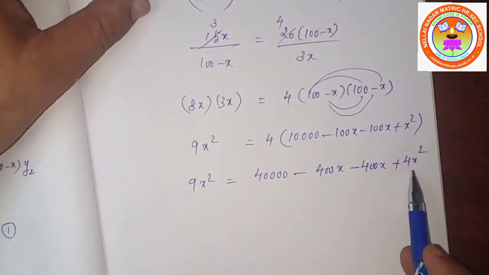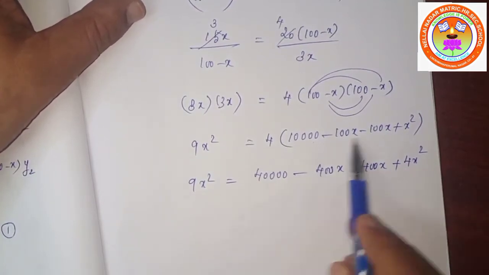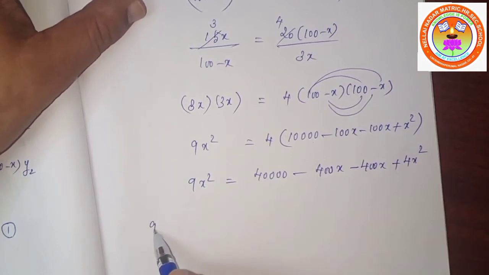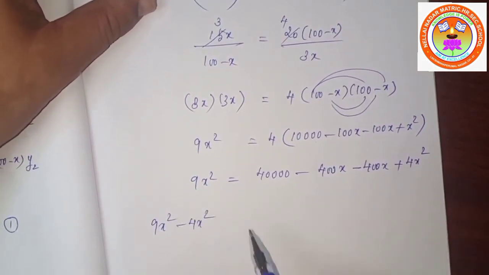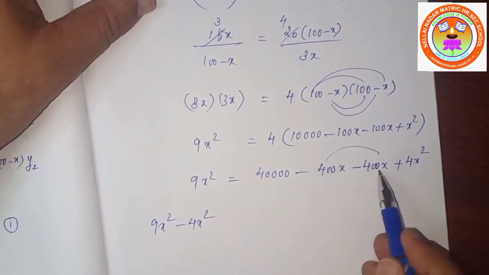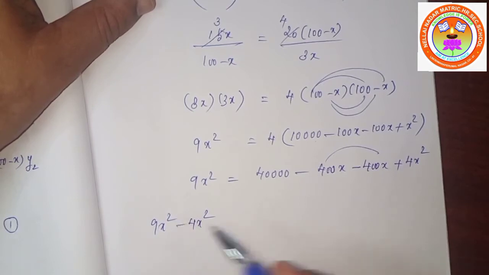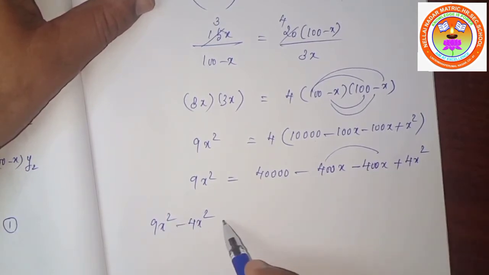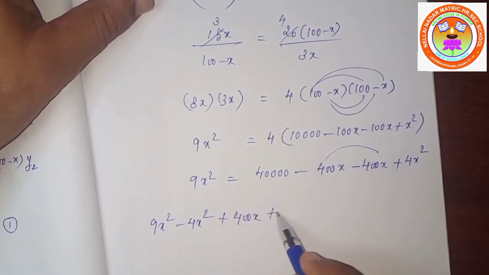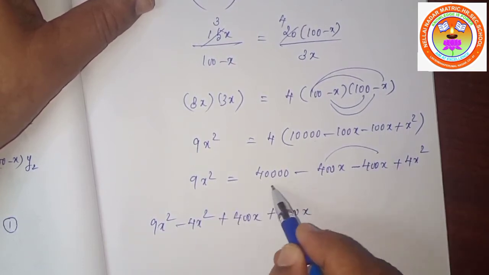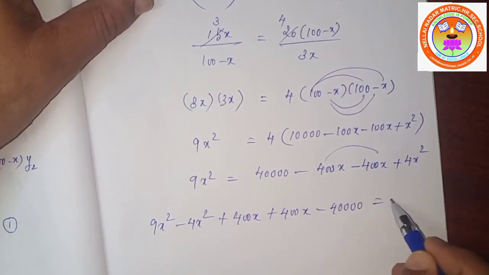Bring all the terms to the left hand side: 9x square minus 4x square, plus 800x, and the 40,000 becomes minus 40,000, equal to 0.